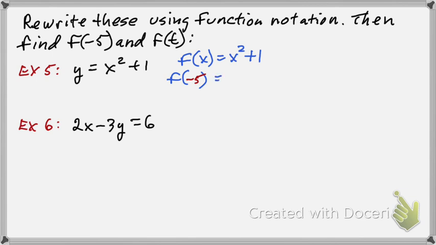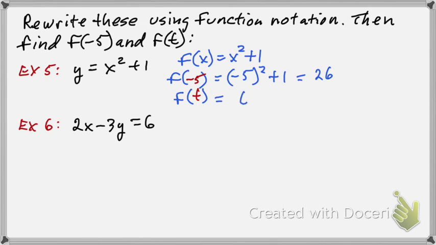And then we want to find f of -5. Okay, so every place I'm seeing an x, I'm going to put -5. So I've got -5 squared. And here, the negative sign does go inside the parentheses because we're talking about -5 plus 1. Okay, -5 times -5 is 25 plus 1, 26. Then f of t, every place there's an x, I'm going to put a t.